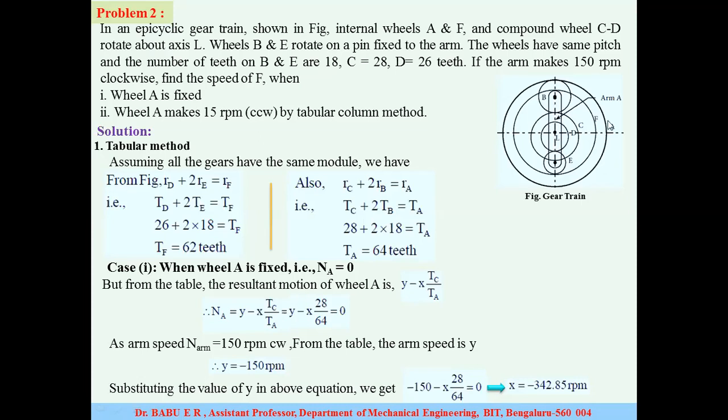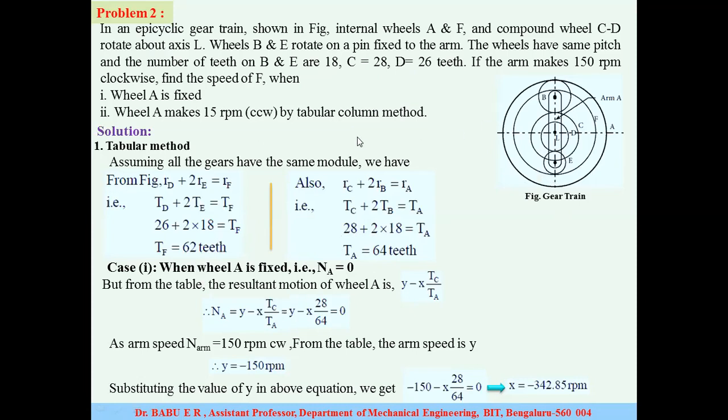So RA equals RC plus 2 times RB. Since R is directly proportional to T, TC plus 2 times TB equals TA. Substitute everything, and we'll get the number of teeth on gear A. Now you have the number of teeth on all the gears. So if the data is not given, you have to find out the number of teeth on the remaining gears. That is the first step.